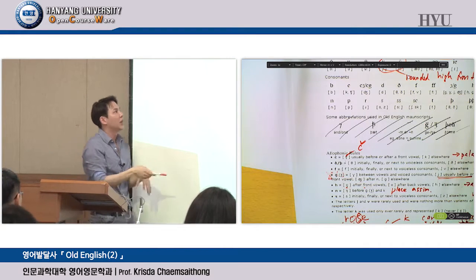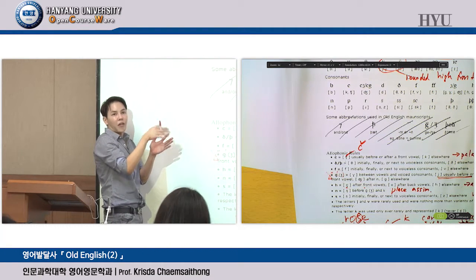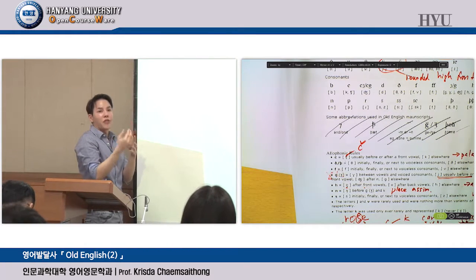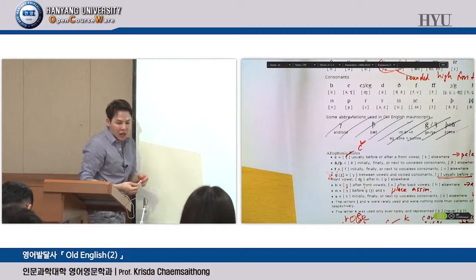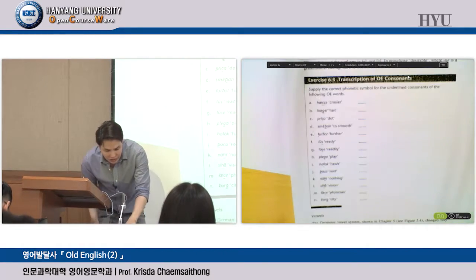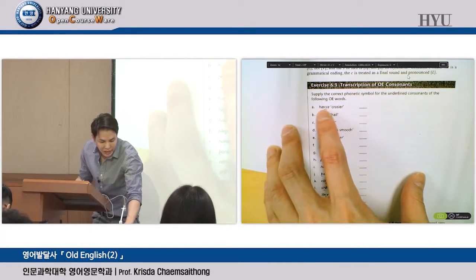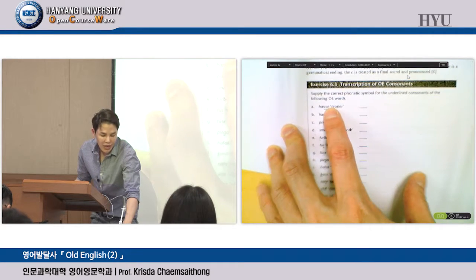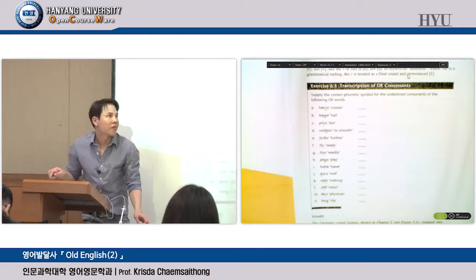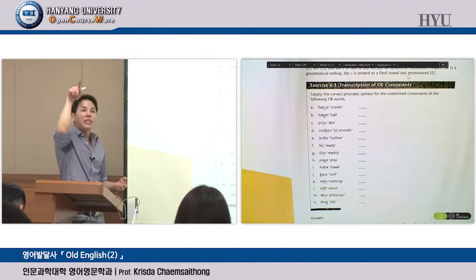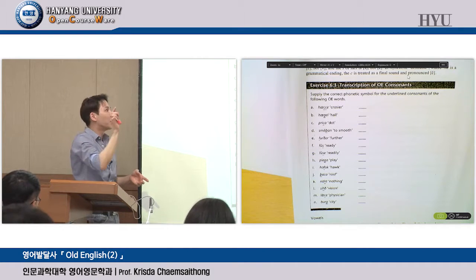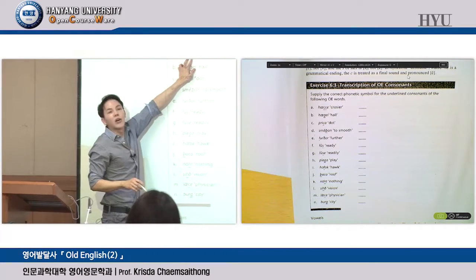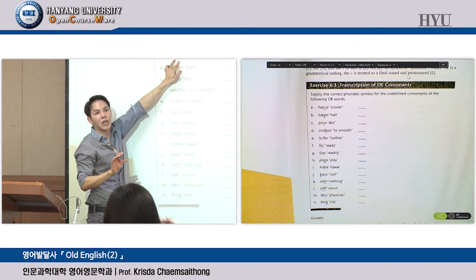Depending on the environment, it would be a T hook when it's close to either before or after a front vowel, right? A front sound because of palatalization. Now, this one is a bit tricky because you might argue that A is a front vowel and A, the last vowel, is also a front vowel. So it should be pronounced as a T hook, right? But this one is tricky, I admit, because when you have a double consonant, palatalization doesn't kick in, okay?